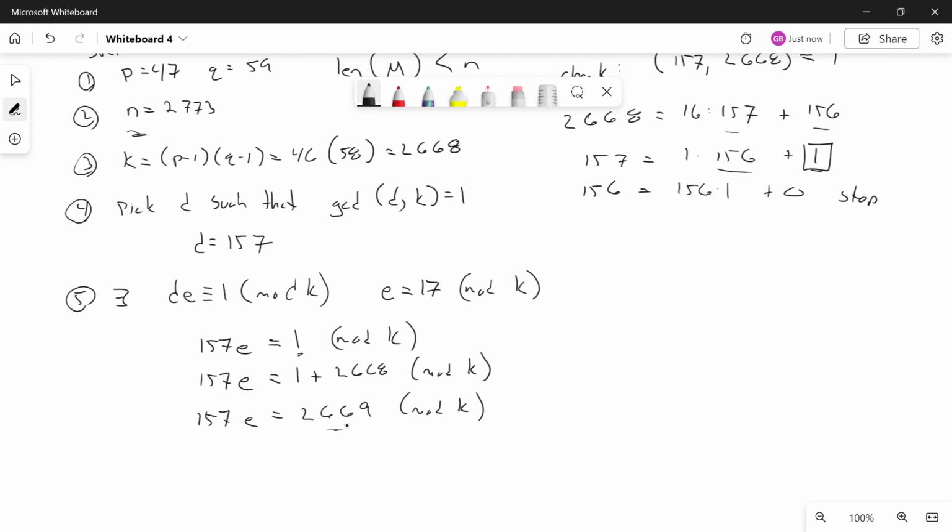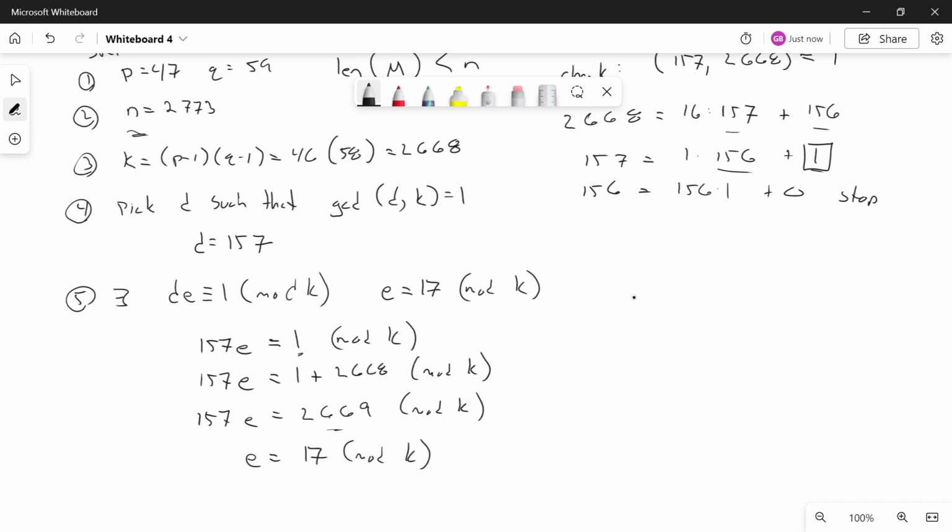So if I divide both sides by 157, I get E is equal to 17 mod K. And sometimes you'll be able to solve in these sorts of ways where you can add on multiples of K and be able to divide through and finally get to what E is. Sometimes it's not always going to be that easy. But there we go. So step 5 is done.